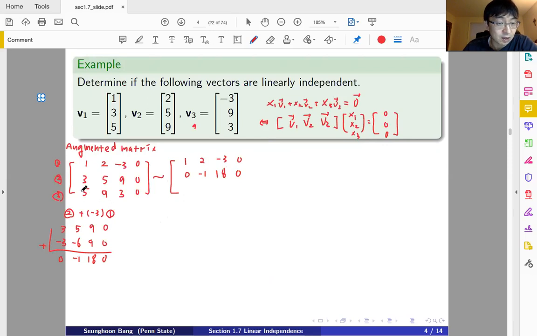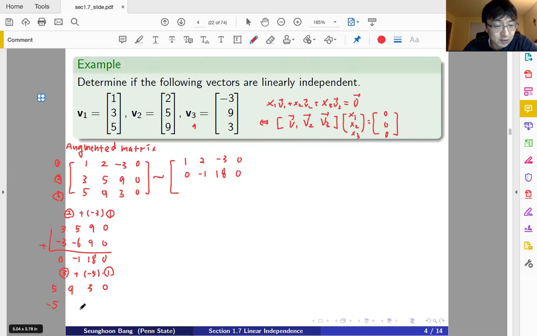How can you eliminate the 5 from the third row? The third row plus the negative 5 times first row. The third row is 5, 9, 3, 0. The first row times minus 5. The minus 5 times 1 is negative 5.